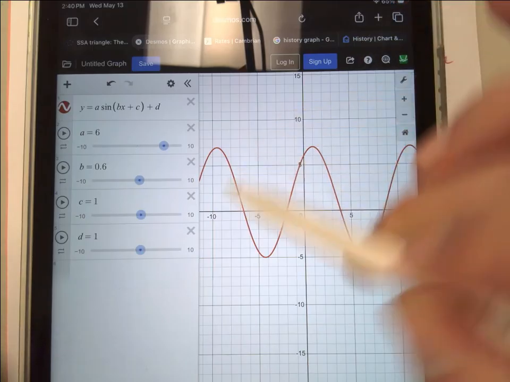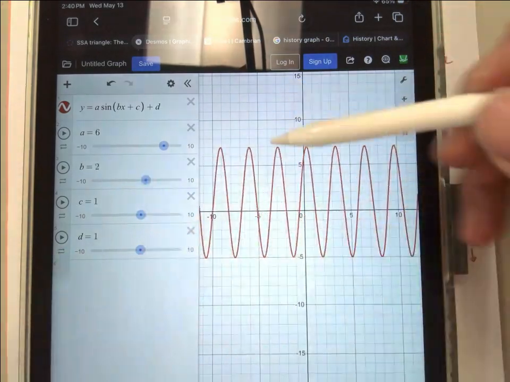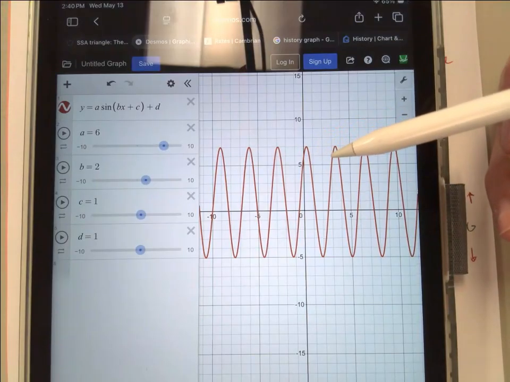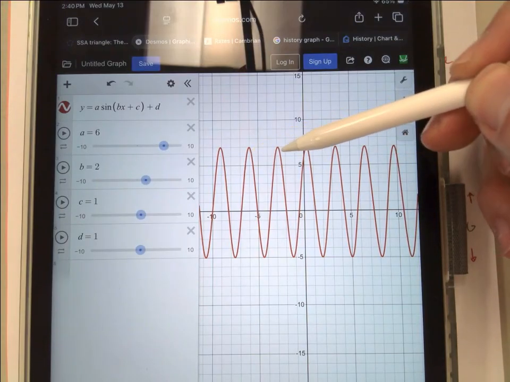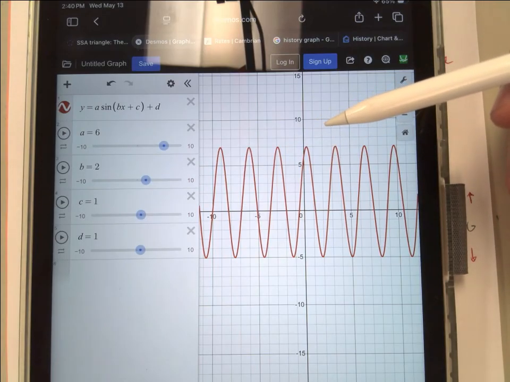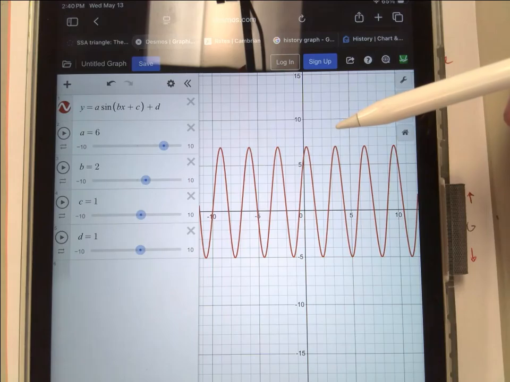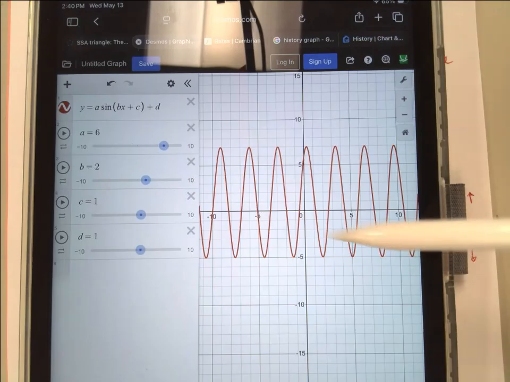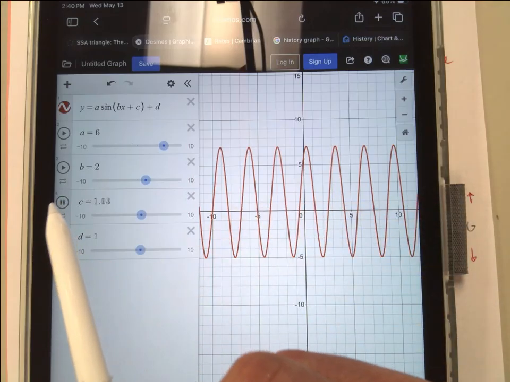If you change B, the period is now shorter. The distance between peak and peak is less. So B affects the cycle, but it's not a direct change. It's an indirect change. And let me just play C for you here.